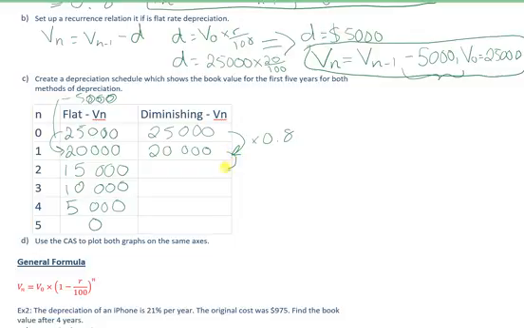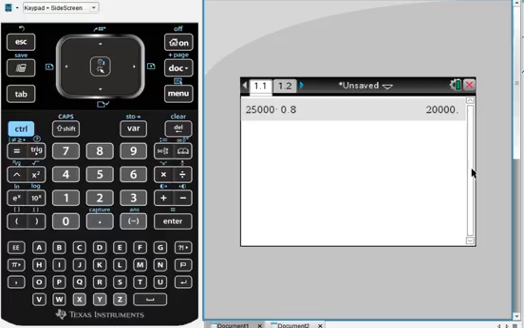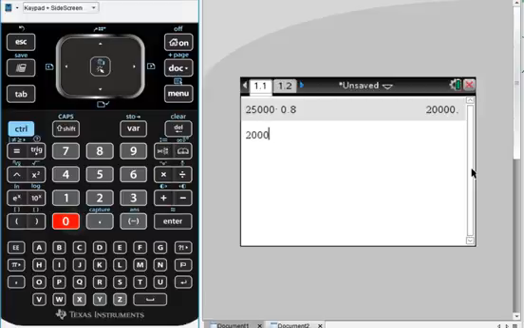But when I go to the next value, I'm not taking off the same amount. I'm only going to take off 20% of 20,000. So I do 20,000 times 0.8, and that gives me 16,000. The first time I took off 5,000, this time I'm taking off 4,000, which is 20% of 20,000.